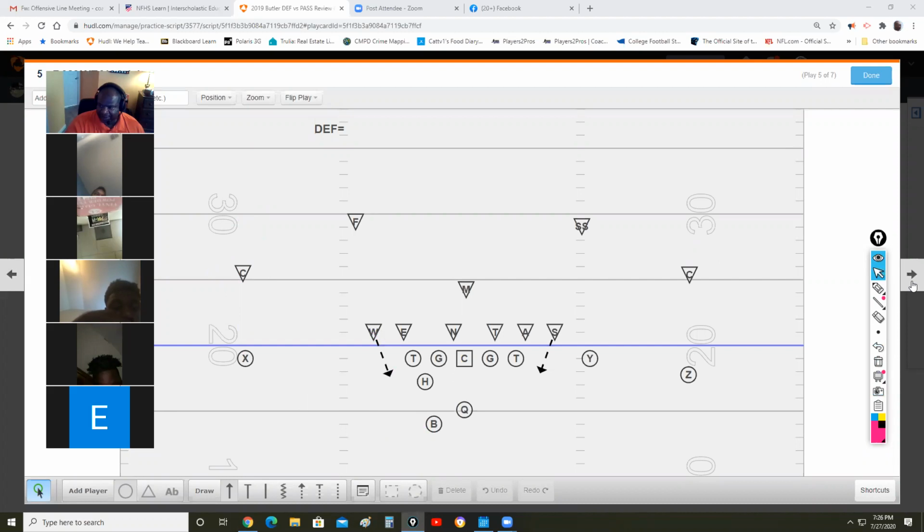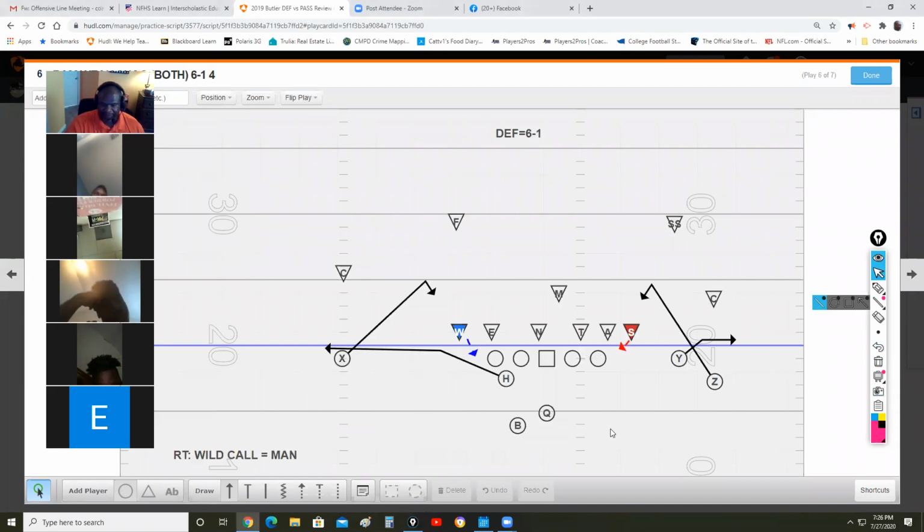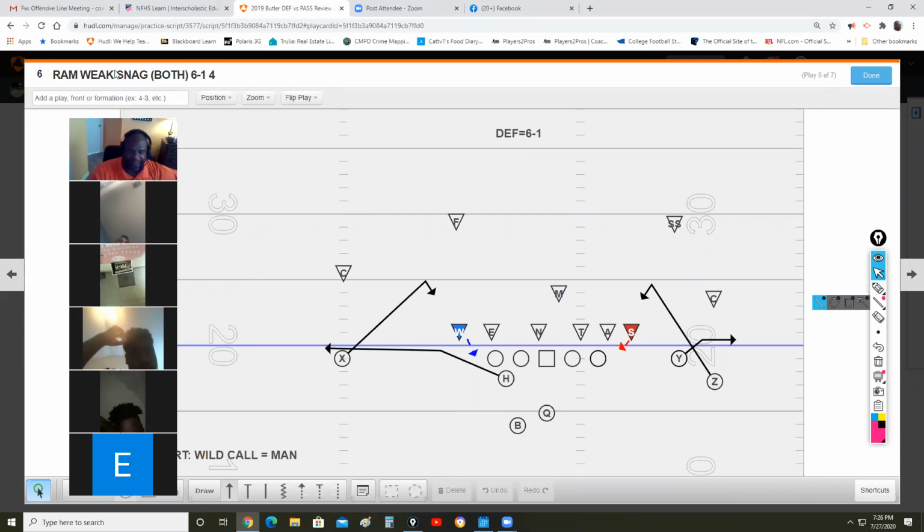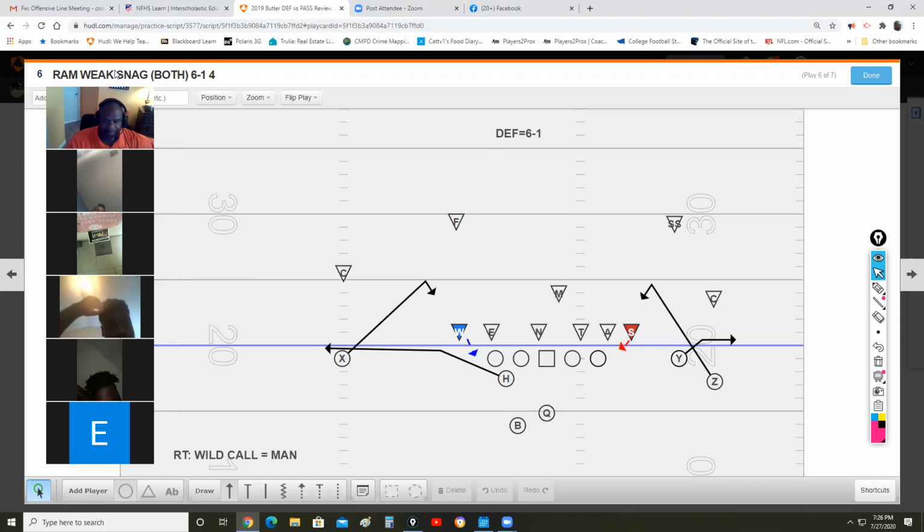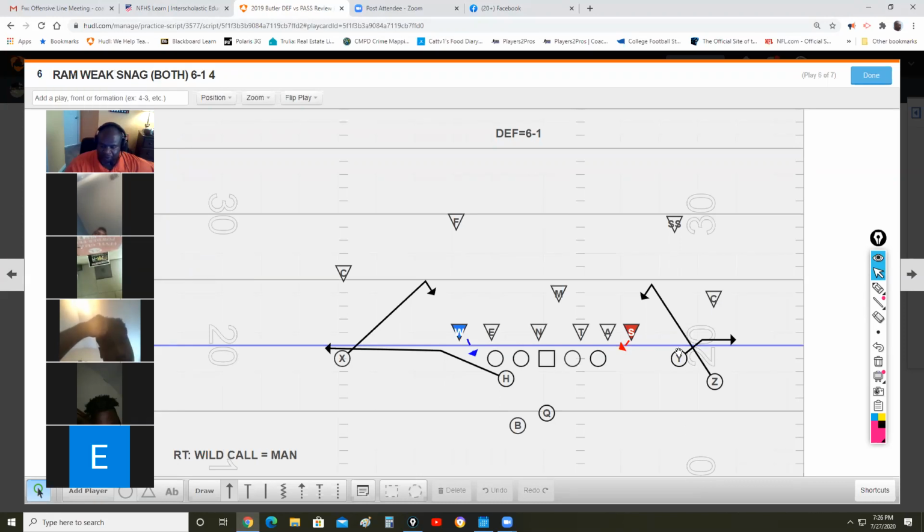But let's look at a scenario. The play is snag. So we are in Ram weak snag. And this is something we'll do. We'll put 2 receivers to the boundary and work the 2-man game because we know that blitz is coming.